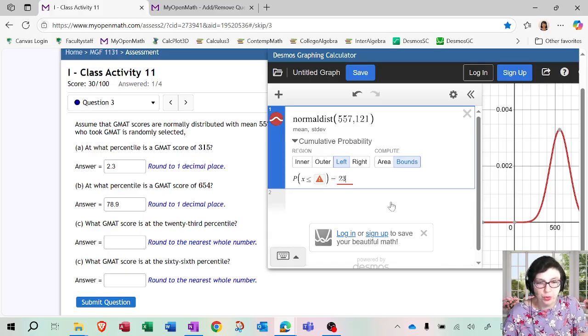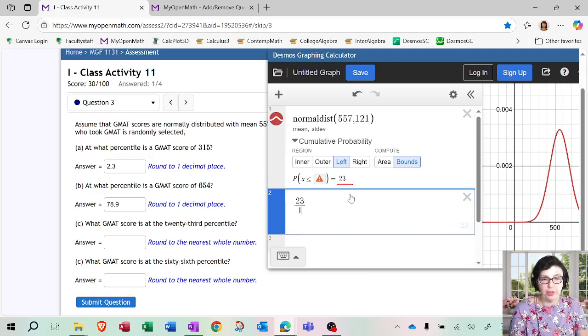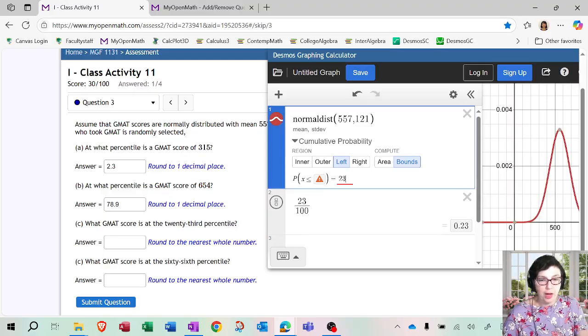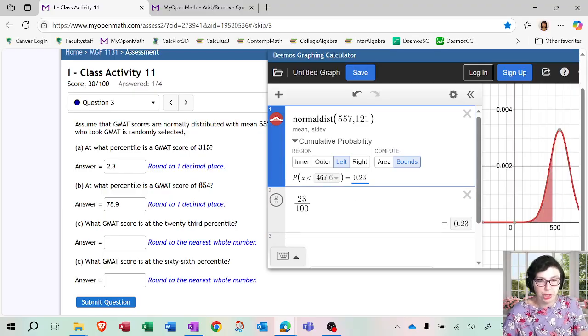So you do have to do that. So you're going to take 23 divided by 100. And now we have the corresponding proportion, which we can put, and it gives us the value. So this is 467.6, which rounds to 468.